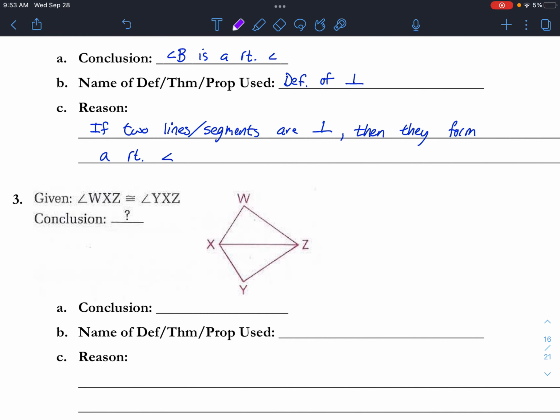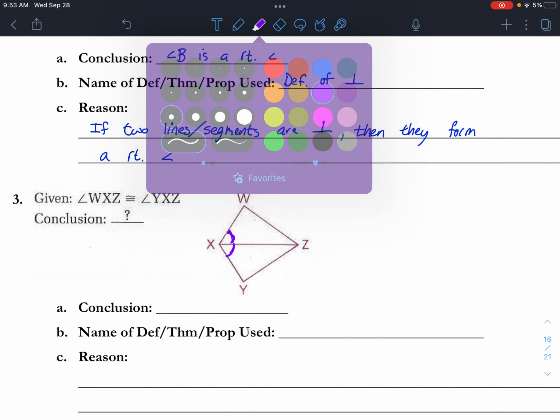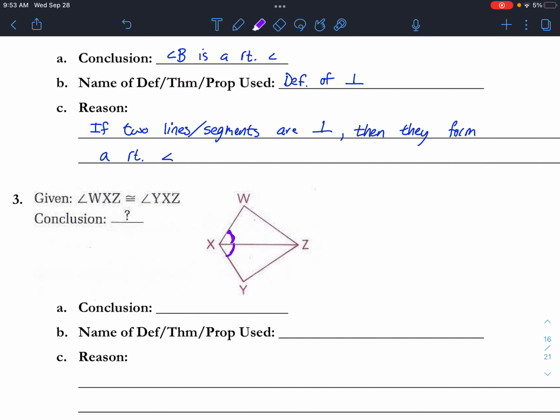Next up, angle WXZ. If I look at WXZ, I'm actually talking about this angle right here. And then YXZ is this angle. It's saying both of those are congruent. This tends to be the one people struggle with a little bit. I'm trying to figure out where they go from here. If you have two congruent segments or angles like this, what it really means is, hey, this line is cutting the larger angle perfectly into two congruent pieces.